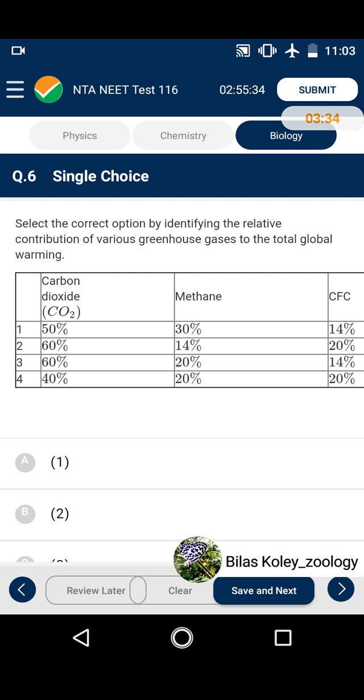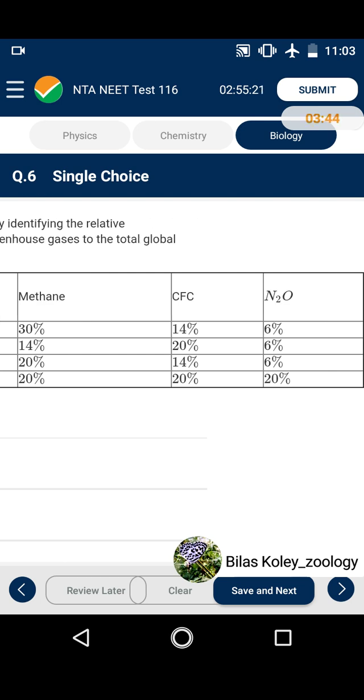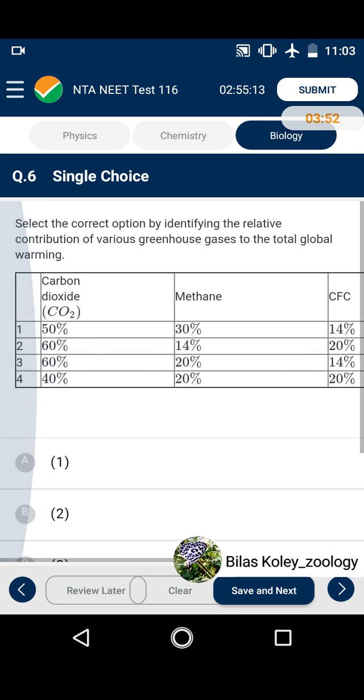Now we have to identify the right proportion of carbon dioxide, methane, CFC, and N2O. After comparing the options, we can calculate what should be the right option in this question.